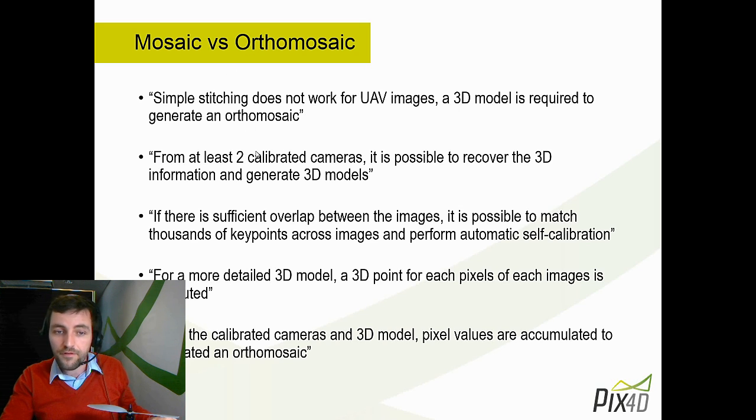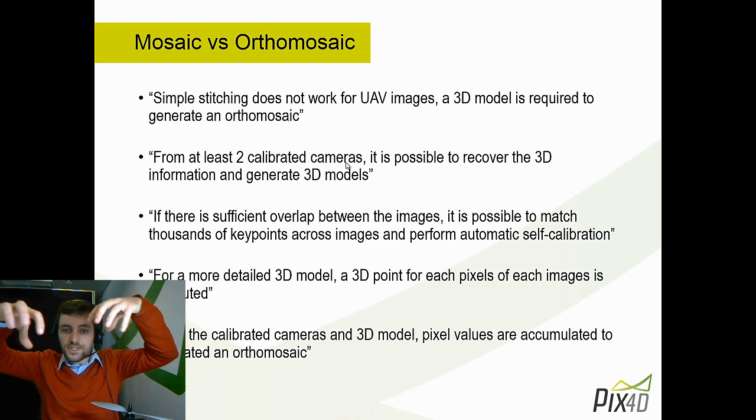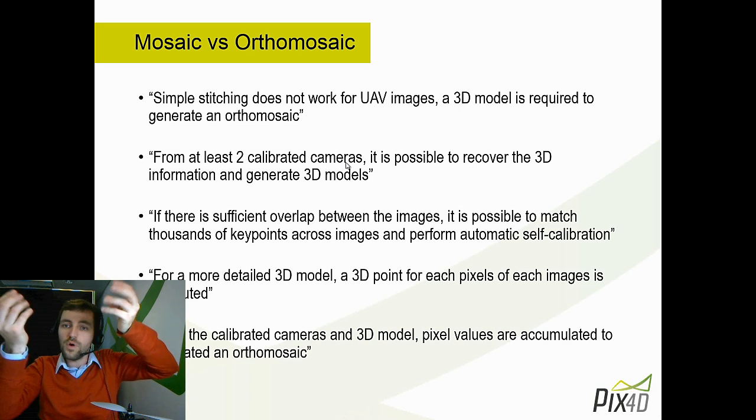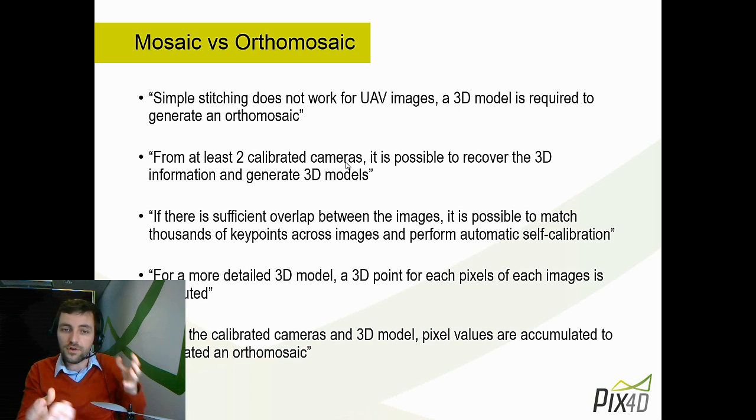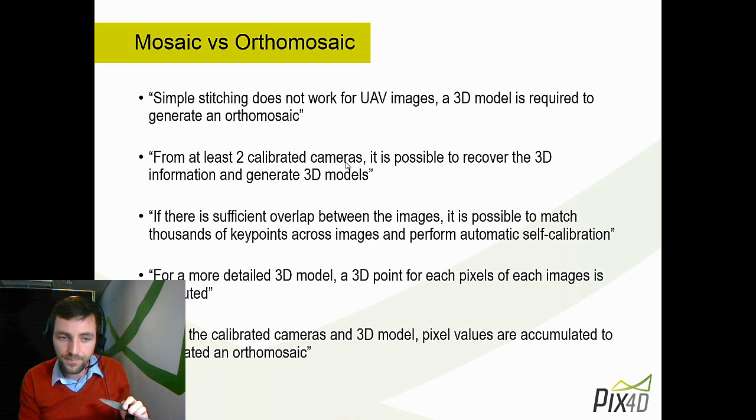However, for that you need something that I just called calibrated camera. Calibrated cameras are cameras for which you know the exact position, orientation, and also how internally the perspective is working in it.